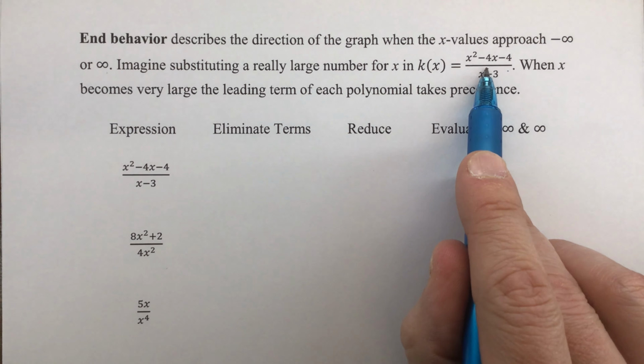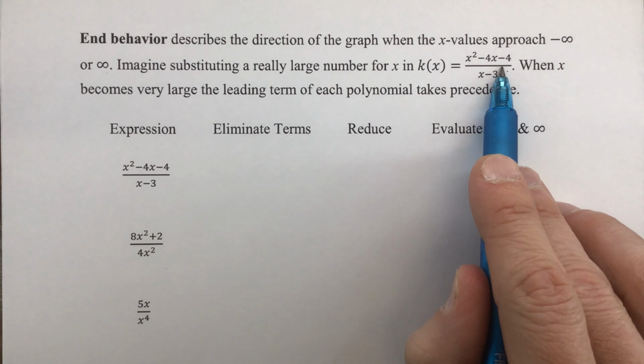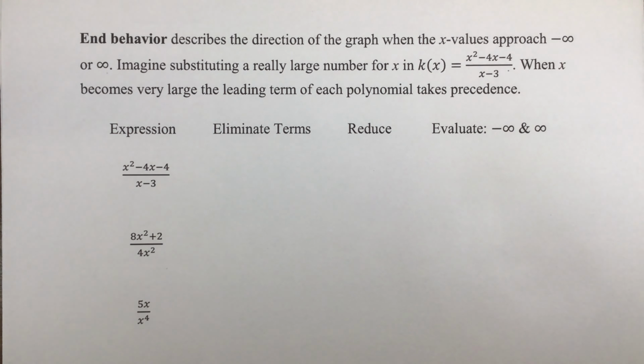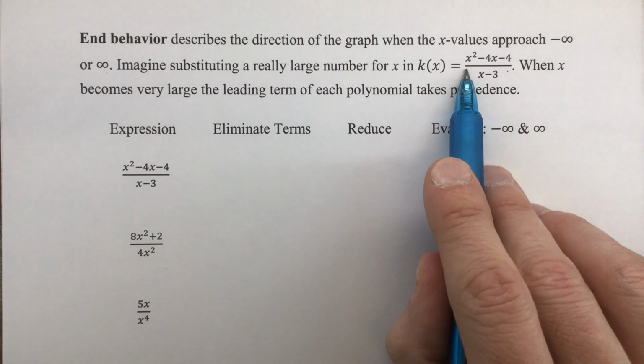Okay, and then this is going to be negative 4,000. Comparably, 1,000,000 is a lot bigger than 4,000. And it's definitely a lot bigger than minus 4. And as you choose larger and larger x values, the difference between the terms is going to become exaggerated. So ultimately, the leading term is really what's going to describe what happens in the polynomial.